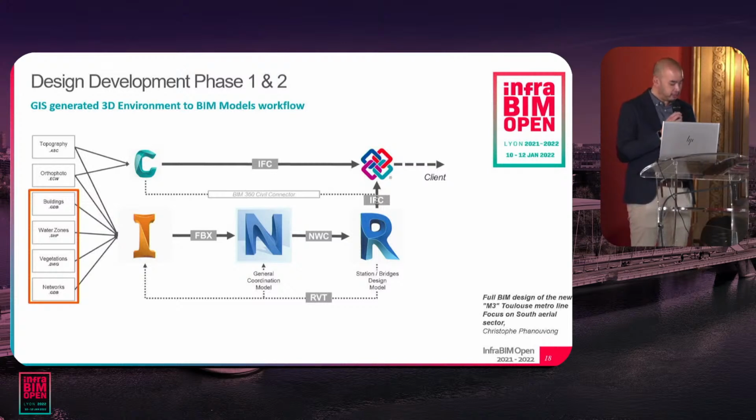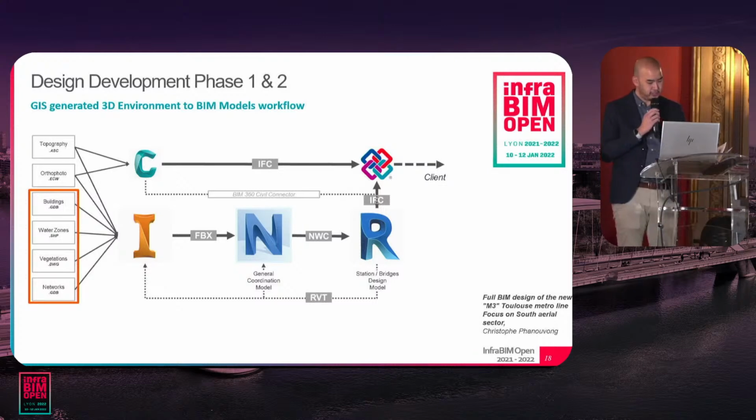For the environment in IFC format, they are generated by the topography and the orthophoto that we put in Civil 3D, and export that to IFC, and so to export that to the client delivery. And everything with all the different attributes that we have on the project.